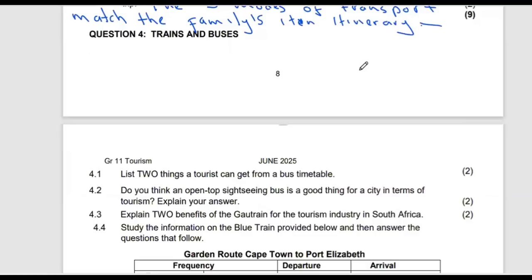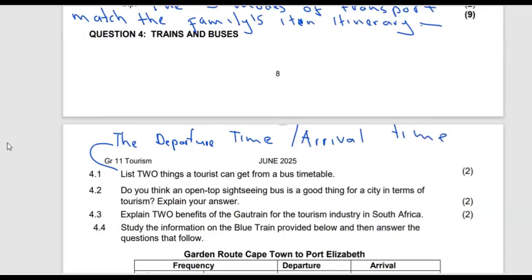Moving on to the next type of transport, trains and buses. List 2 things that a tourist can get from a bus timetable. A bus timetable carries crucial information on the departure time, in addition to the departure time, the arrival time.